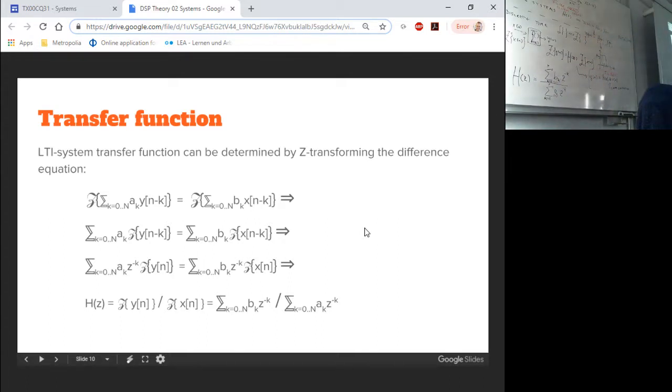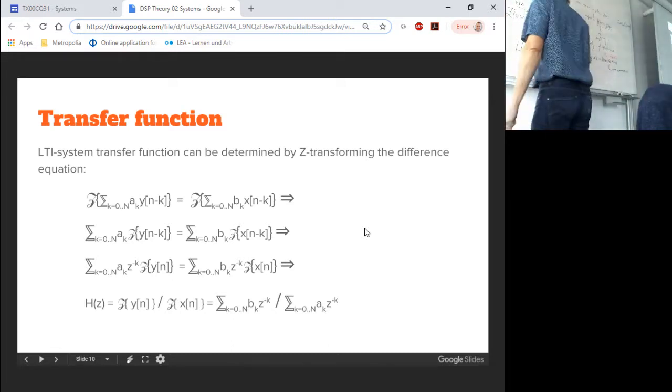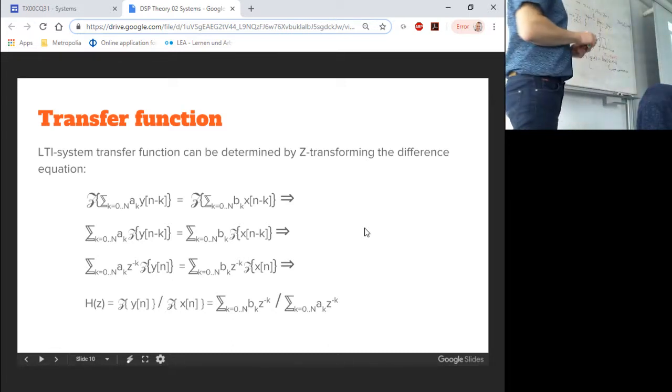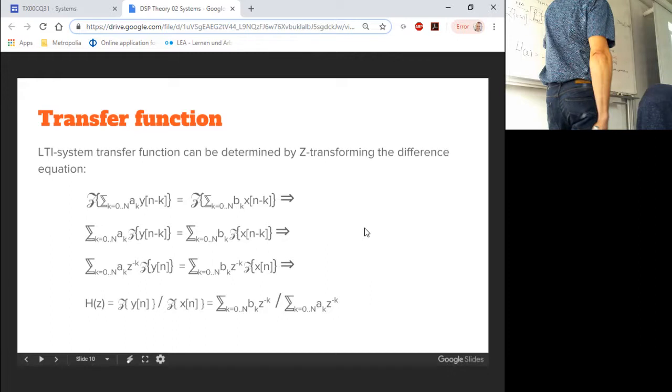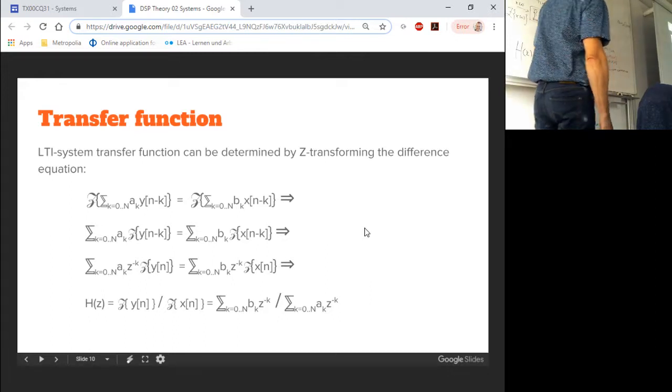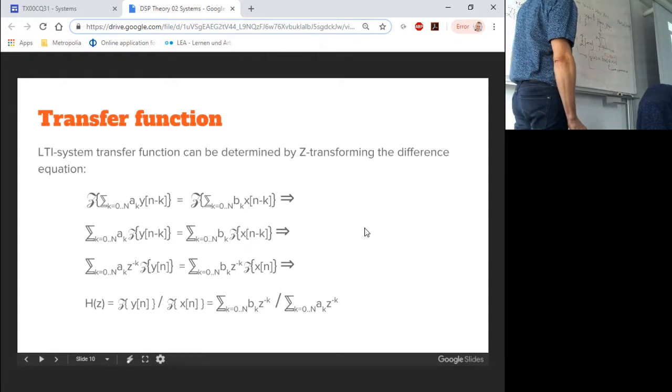So h of z equals the sum over k from 0 to n of bk z to minus k, divided by that one. If you take a closer look at that one, it actually is a rational polynomial of z, although these are negative powers, but that's not a big deal. It's still a rational polynomial of z. This is the numerator polynomial describing the feed-forward terms, and then we have the denominator polynomial describing the feedback terms.